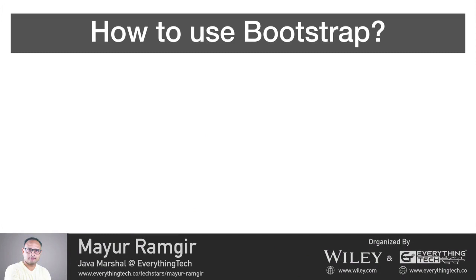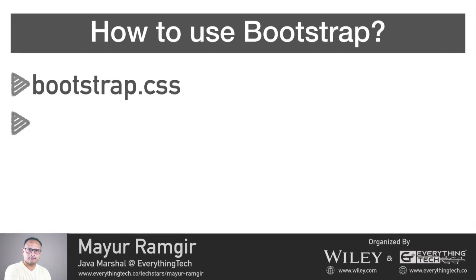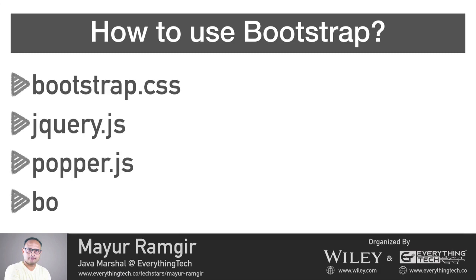How to use Bootstrap? Bootstrap requires Bootstrap CSS, which contains styles. Many of its components require JavaScript to function and hence rely on the jQuery plugin, which must come before popper.js and bootstrap.js.